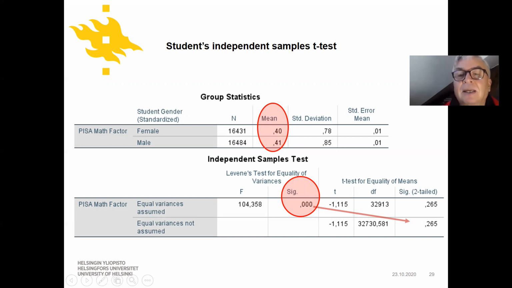If you had decimals again, like 6 or 7, you could get a difference, but it doesn't matter in this world. All right. So how do we read this? The variances were not equal, and the t-test tells us that the means of the female and male groups are the same. In practice, they are the same. Slight difference in variance, and no difference between where on the scale the group is.